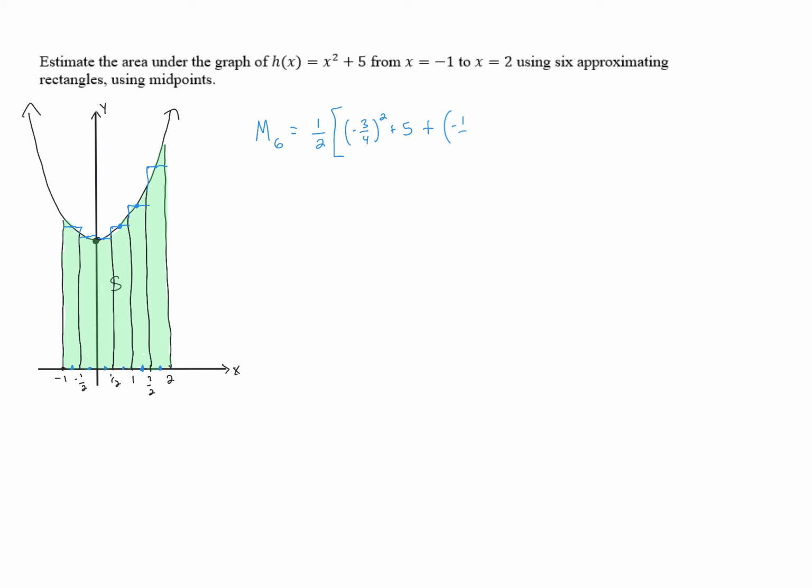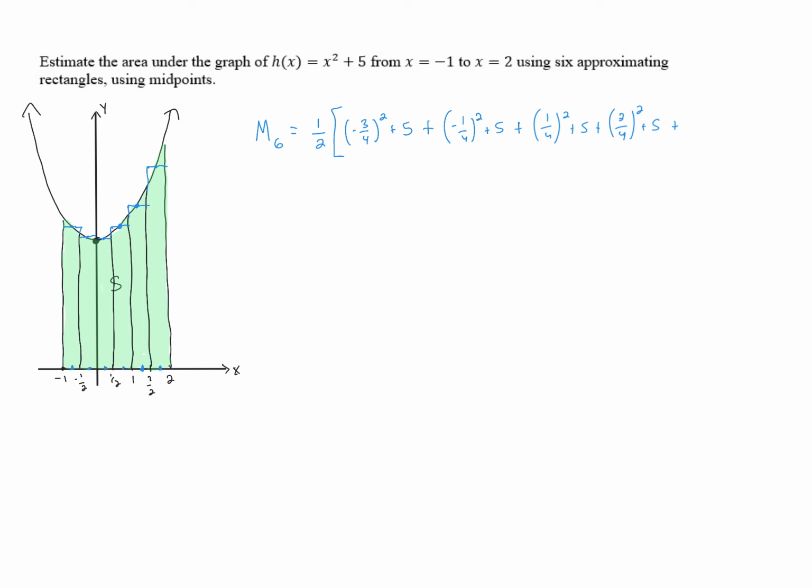So when we plug that in, that's -1/4 squared plus 5. And then we keep going with the other midpoints. We've got 1/4 and then 3/4. So we've got 1/4 squared plus 5. We've got 3/4 squared plus 5.